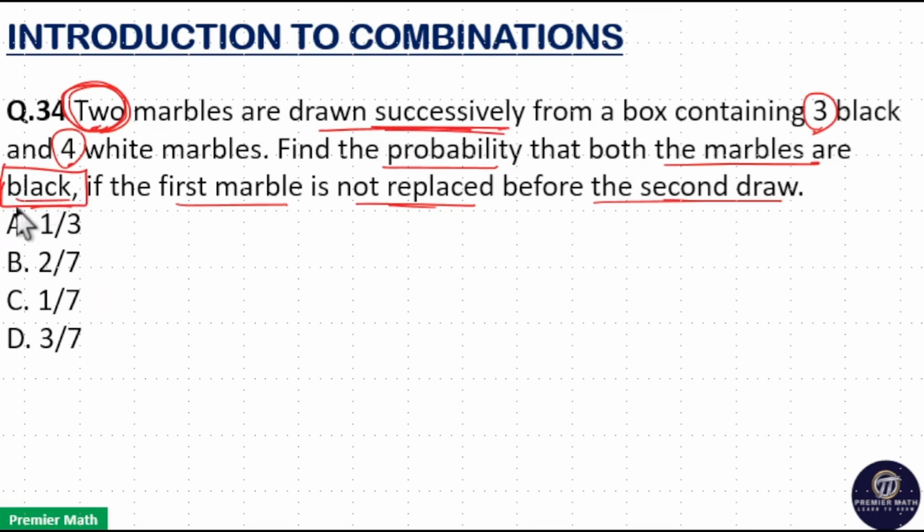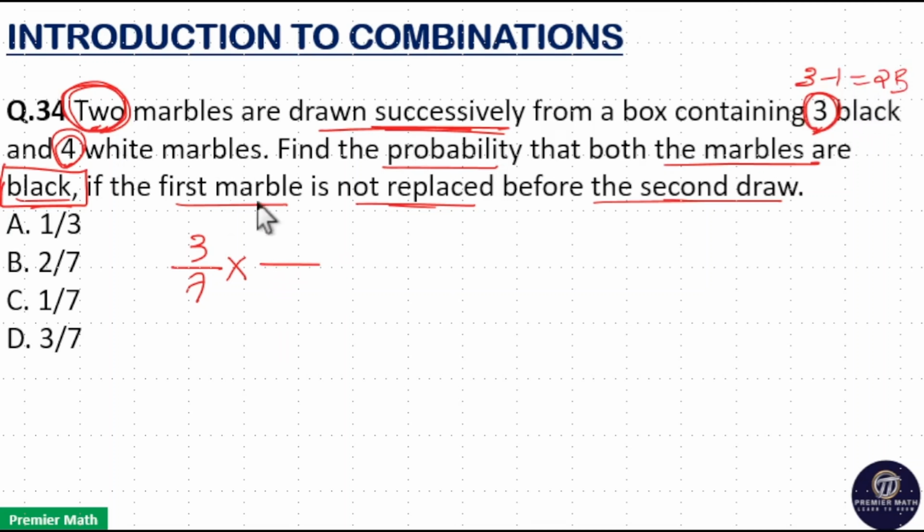So probability of getting first black marble is equal to, here there are total 3 black marbles and total marbles are 3 plus 4, 7. So 3 by 7 is the probability of getting 1 black marble. Now after selecting 1, remaining black is equal to 2 blacks. Total marbles are 2 plus 4, 6.